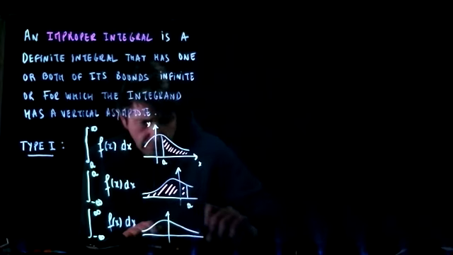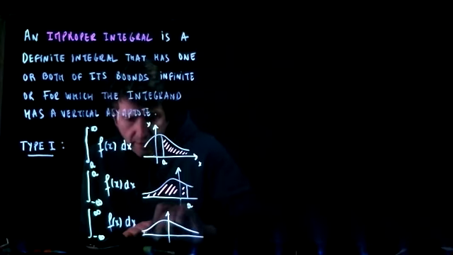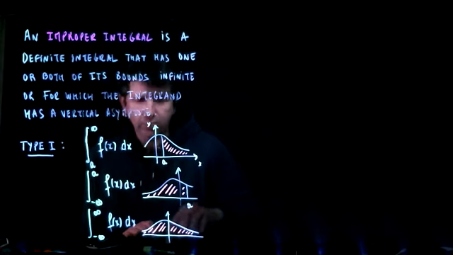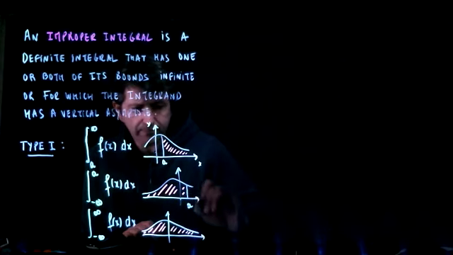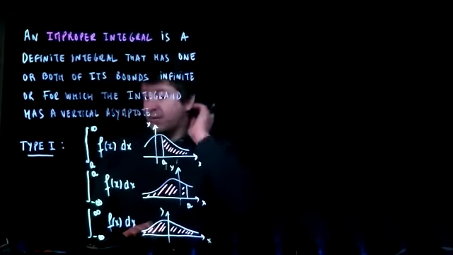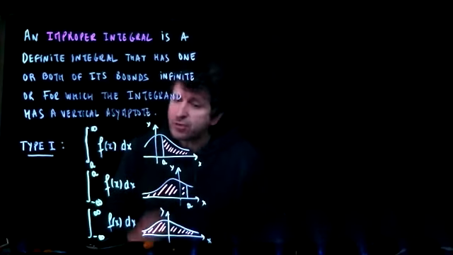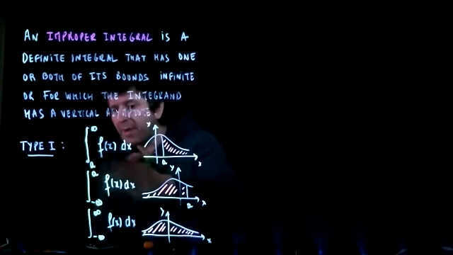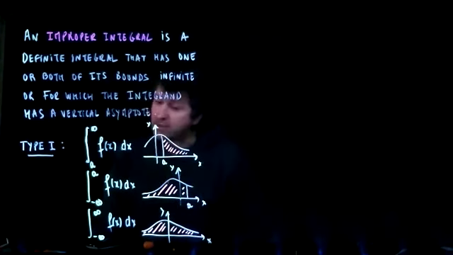Let's say, okay, and I'm looking for the total area from negative infinity to infinity. These are the first type of improper integral. Okay, improper integral is where one of the bounds is infinite.